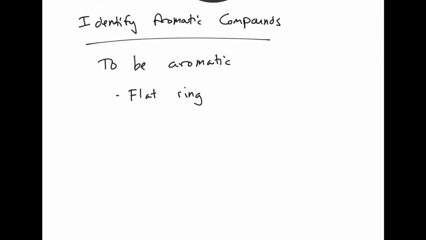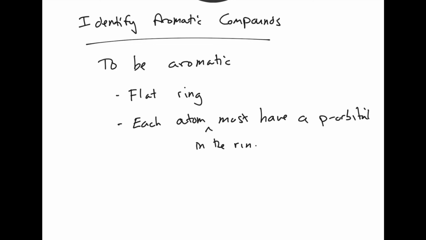Right? So the second thing is each atom in the ring must have a p orbital. Just like on benzene, every carbon had a p orbital.